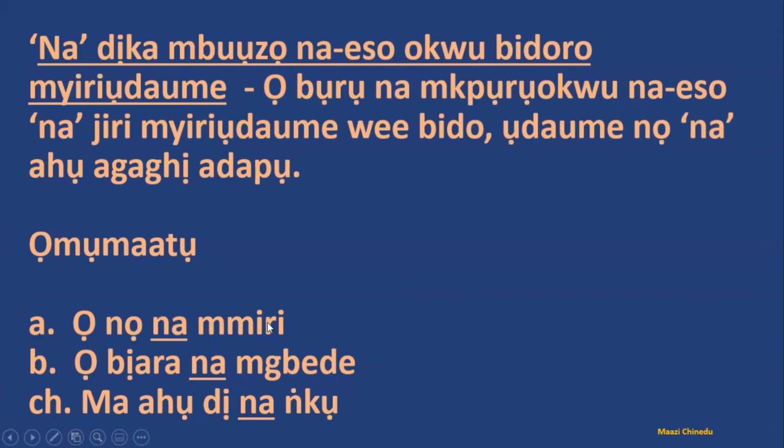Ọ nọ na mmiri. Na n'ebe a na-eso mmiri ụdaume mma. Therefore, the a will stay. Mgbe nke a mere, ọ na-arụ ọrụ n'ahịrịokwu ahụ dịka mbụzọ nke na-eso okwu bidoro na mmiri ụdaume. Ọ bịara na mgbede. Mma ahụ dị na nkụ.